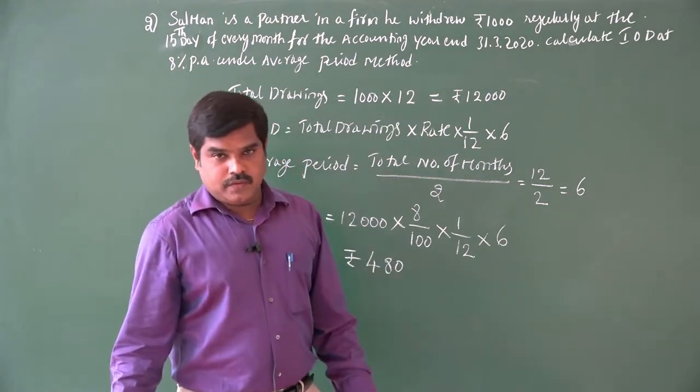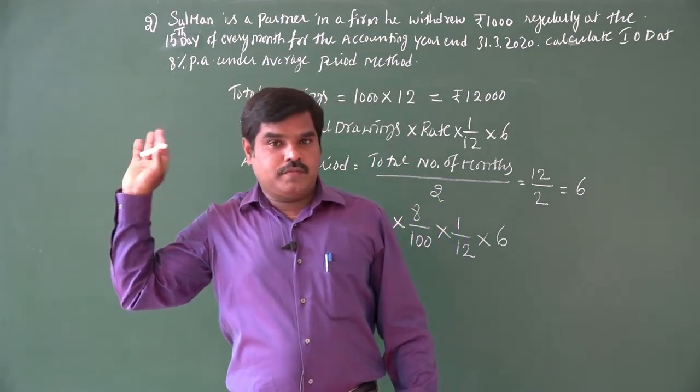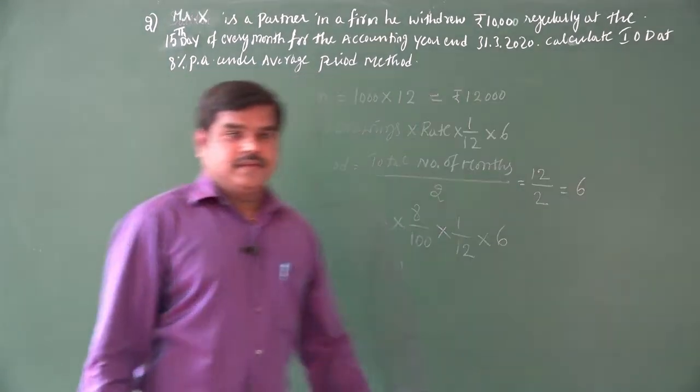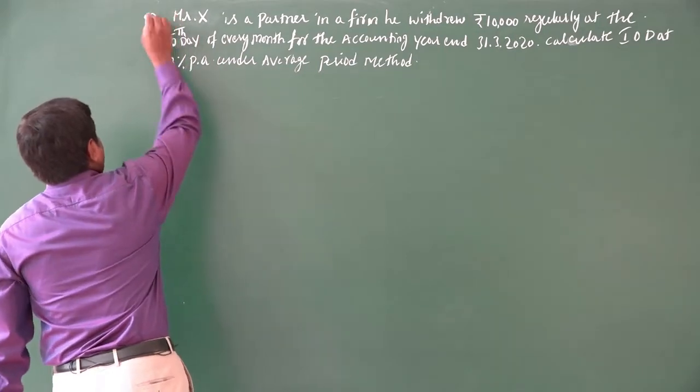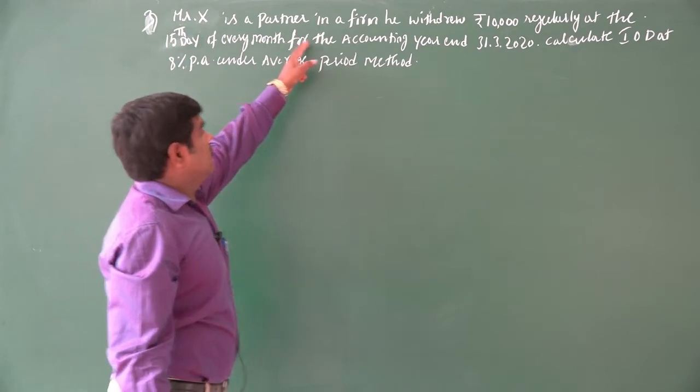Now I am going to write one small problem on the board for homework. Try this one. This is problem number 3. Mr. X is a partner in a firm.